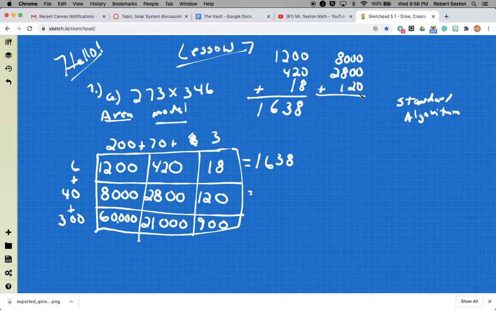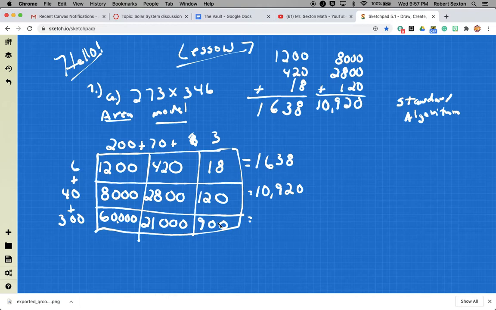Let's see, 0, 0, 0, 0, 0, 2, 8 and 1 is 9, that's fine, and 8 and 2 is 10. So this row of partial products adds up to 10,920. Whew. And here comes the big boy.